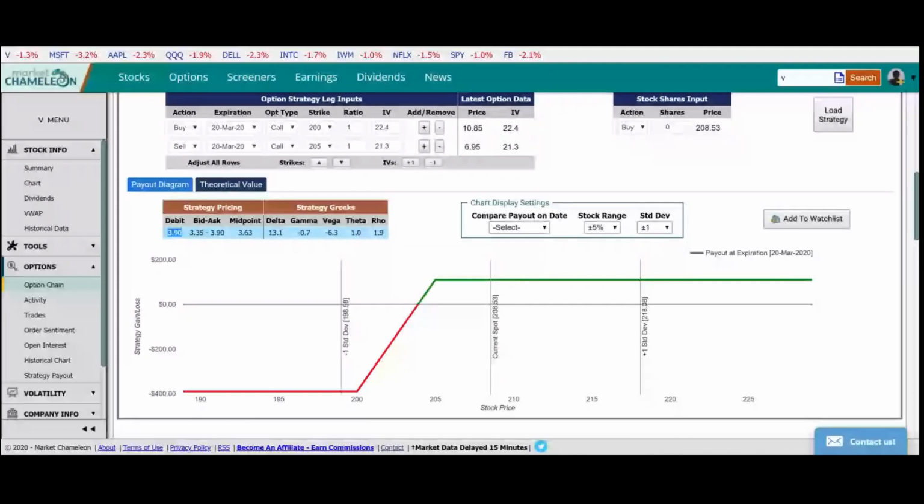The midpoint is $3.63, so it's already 27 cents away. You want to try to execute as close as you can to that midpoint. The further you go away from that midpoint, the more you're giving up to do that trade, because that's considered the market fair value at the moment.